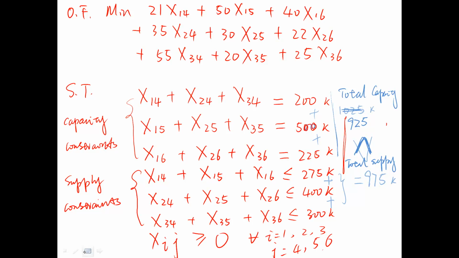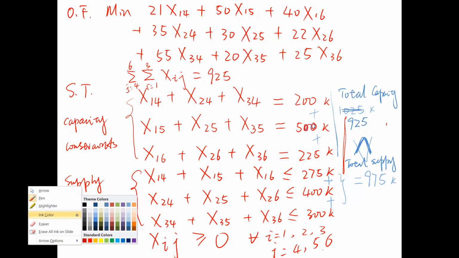Another way to do this problem when the total capacity is changed is to add a constraint here. It would be the sum of xij equals 925, where i goes from 1 to 3 and j goes from 4 to 6.